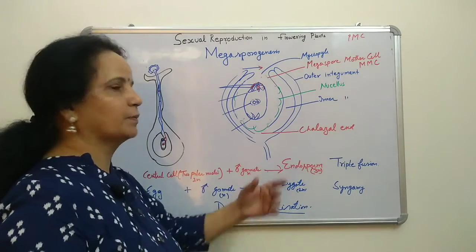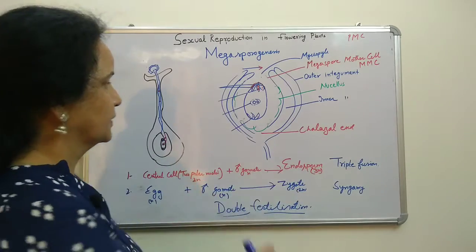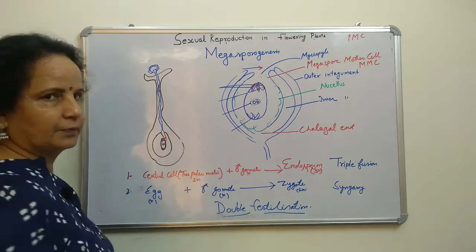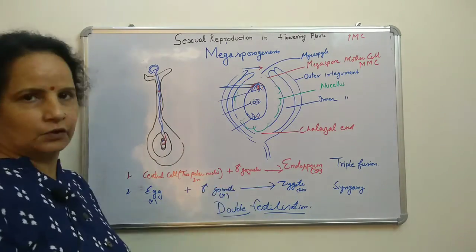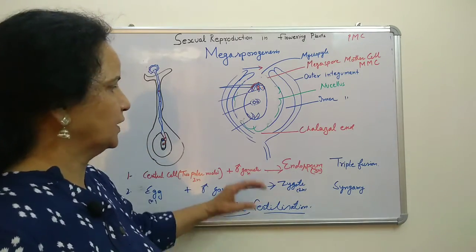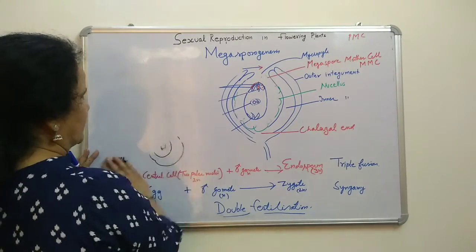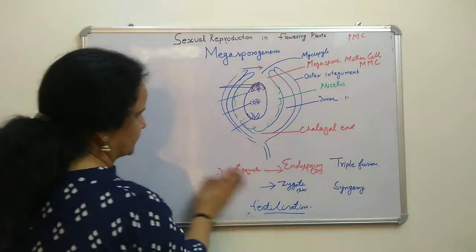Now then, endospermic development. In endospermic development, first of all endosperm development will take place, and then the zygote, as I told, because endosperm will provide food. Endospermic development has 2 steps. Shall I rub it?